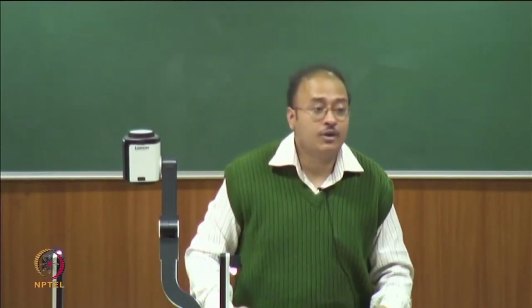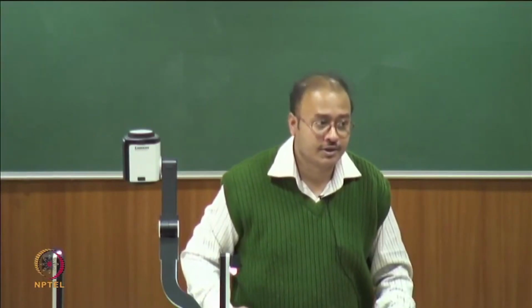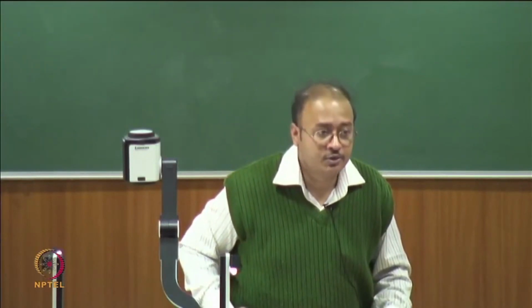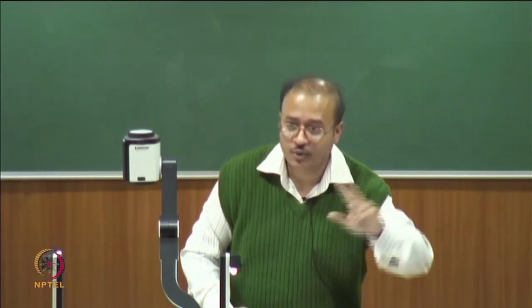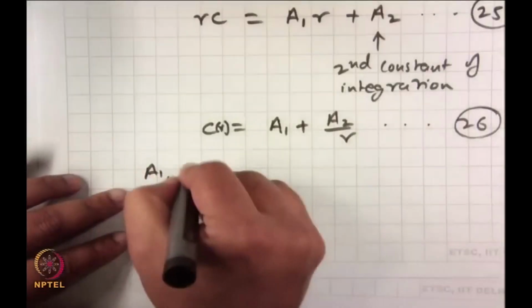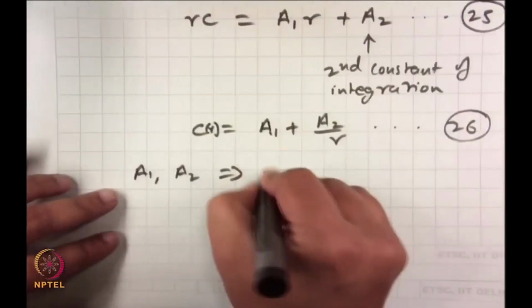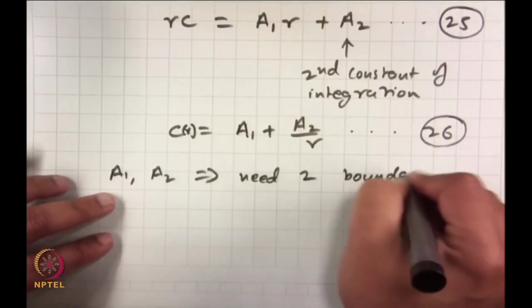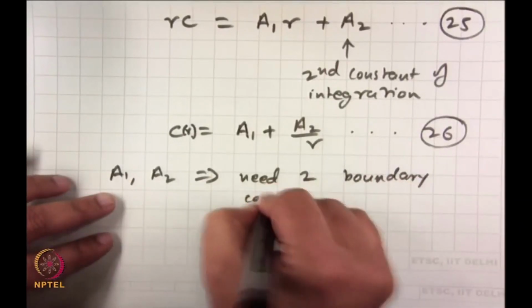So, I will need how many? I will need two boundary conditions, is it not? Only if I have two boundary conditions will I be able to solve for both constants a 1 and a 2. Hence, to get a 1 and a 2, I need two boundary conditions.